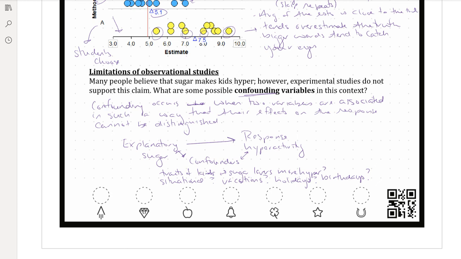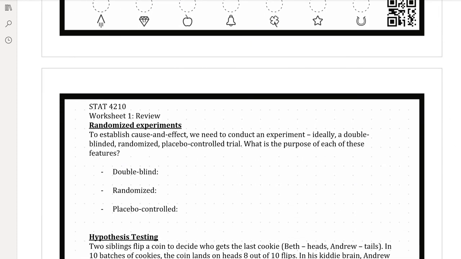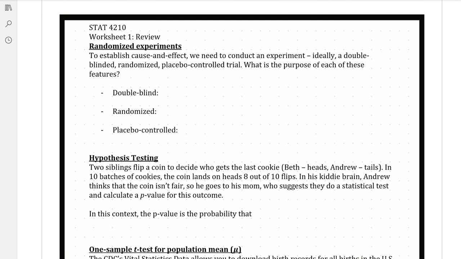That is a benefit of what we like to see in randomized experiments. So to establish this cause and effect relationship, which we cannot do in an observational study unless we literally eliminate all possible confounding variables over time and many other observational studies, we have to conduct an experiment. Ideally, a double-blinded, randomized, placebo-controlled trial, and we'll define each of those terms in turn.